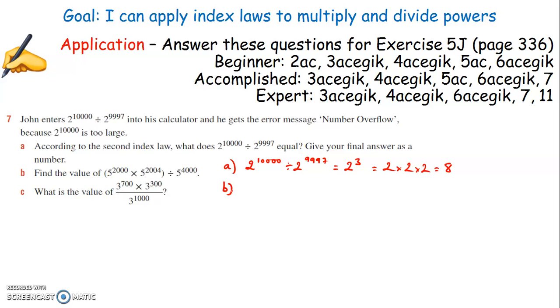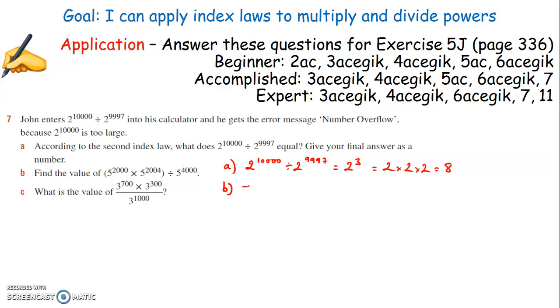And for B, it asks us to find the value of 5 to the power of 2000 multiplied by 5 to the power of 2004 and divided by 5 to the power of 4000. All right, so let's do the multiplication first, because that's inside a pair of brackets.